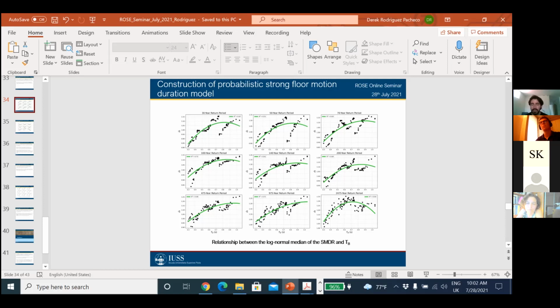They're mostly based on engineering judgment or on experience of what has been seen in earthquakes, in reconnaissance reports and stuff like this.